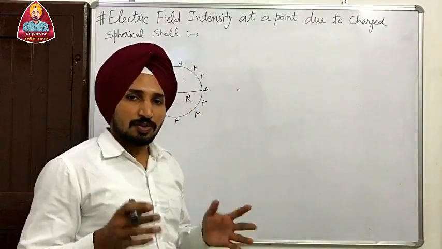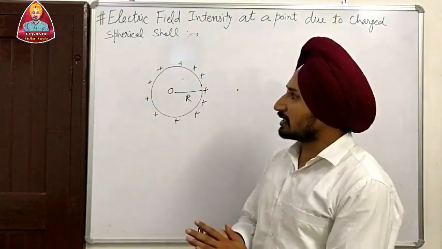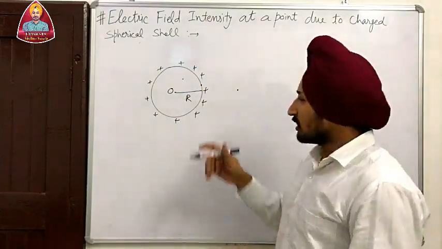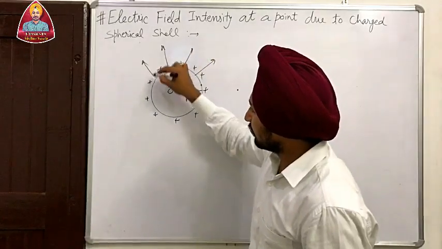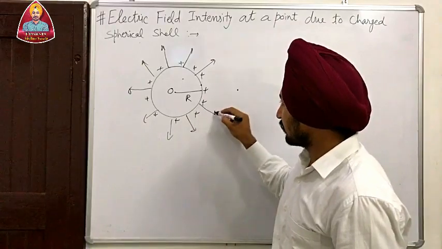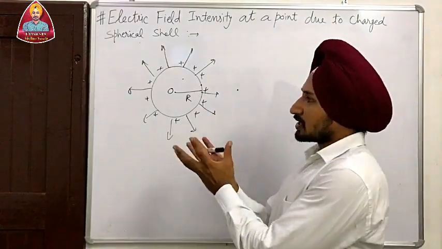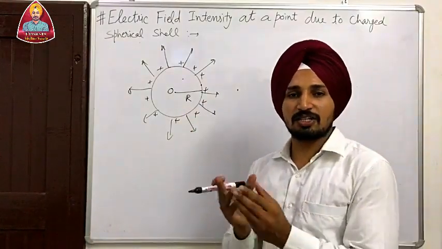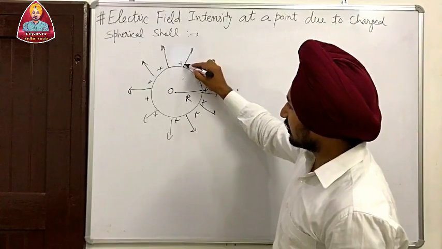First of all, we know that the electric field intensity due to a spherical charged shell originates from the charged shell and its direction is outward, normal at every point.